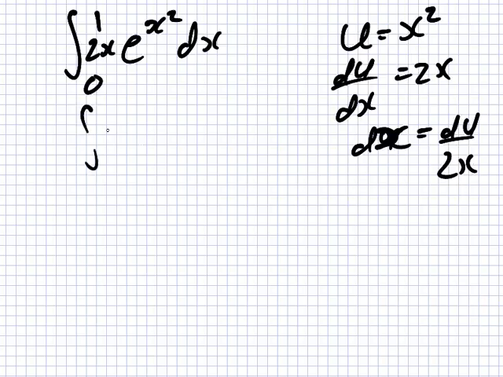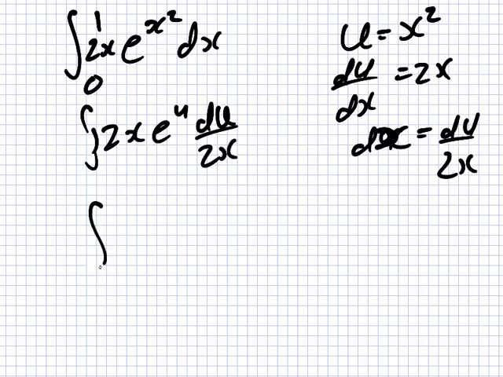So once again this becomes the integral of 2x e^u du over 2x. And this is where it changes. So what I would do is change my u back to x. But they don't. They leave it as e^u, and instead of changing the u back to x, like I would do, they change the limits, which are in terms of x, into u.